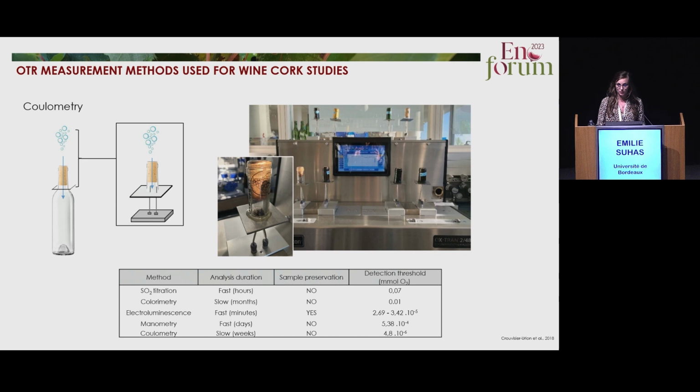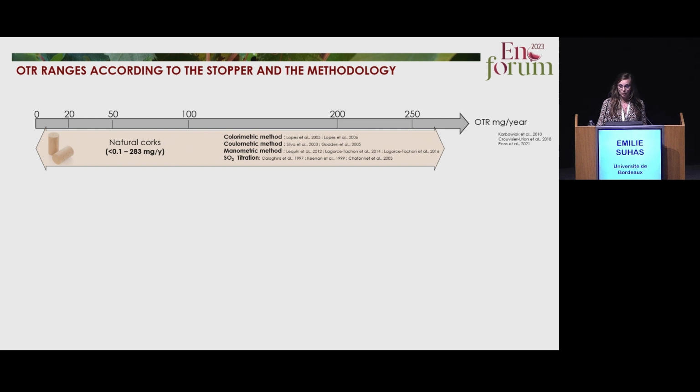This measurement method does not require any preparation on the sample. So we can work with bottles that we can get from producers, and we do not need to differentiate the various ways in which oxygen is transferred. The detection threshold is also pretty low, so once we receive the samples, we can dissect the bottles and analyze the stoppers' OTR and the wine that has co-evolved with that stopper.